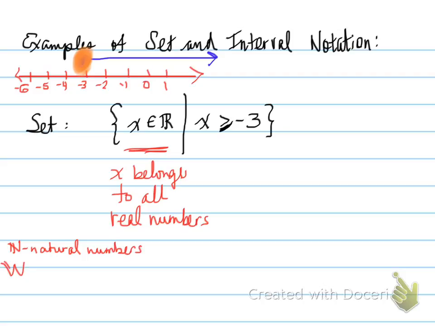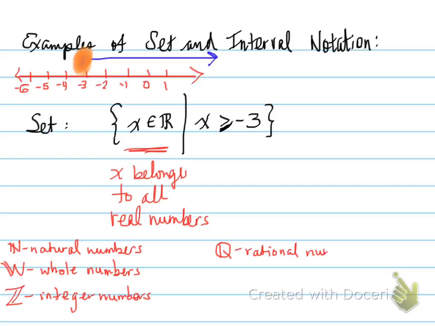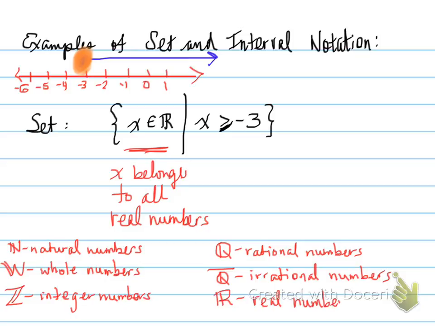There are such numbers as natural numbers, whole numbers, integer numbers, rational numbers, irrational numbers, and real numbers. What are these kinds of numbers?